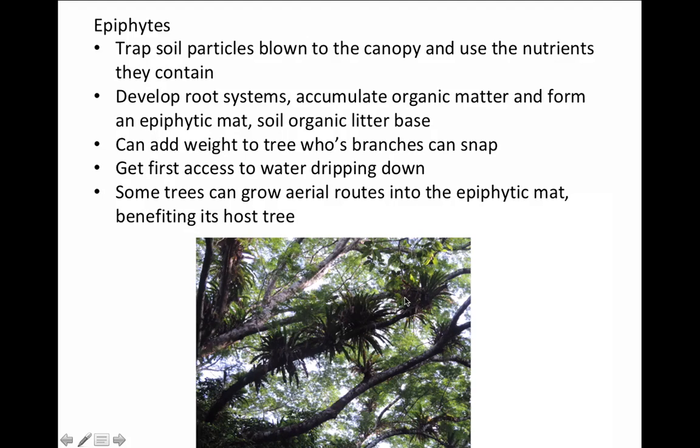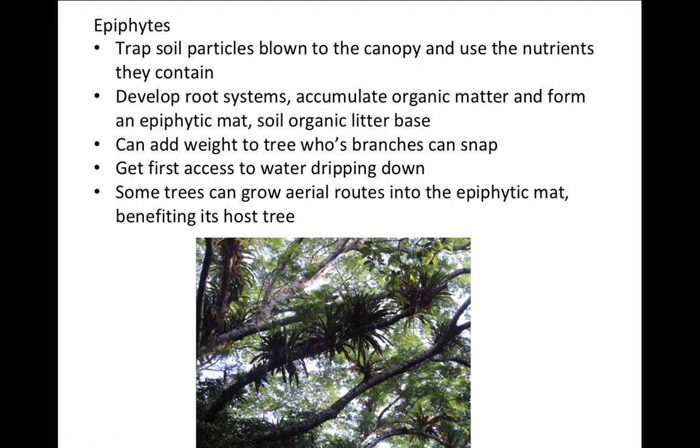They do fall. So they trap soil particles that get blown into the canopy, and they use these for their nutrients. Again, they're not connected to the ground or into the tree, so they do need to be resourceful in capturing their nutrients.